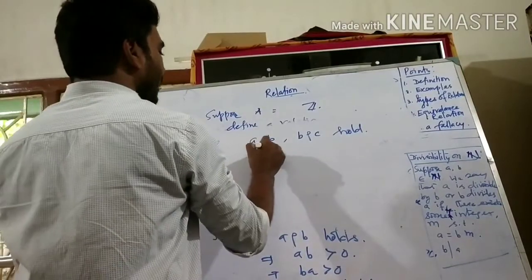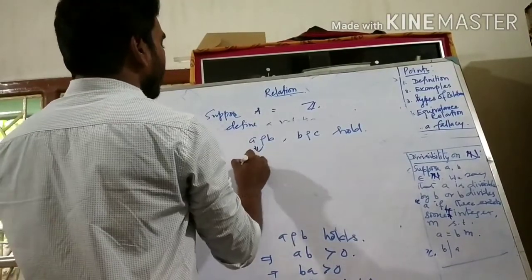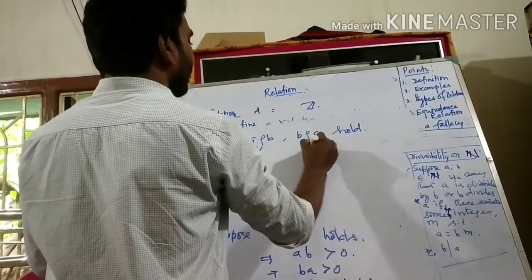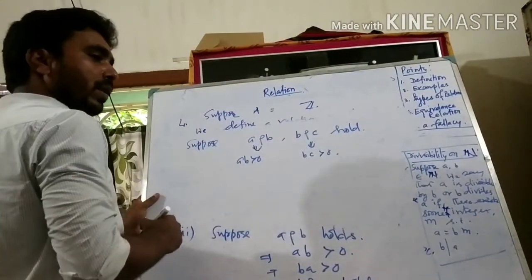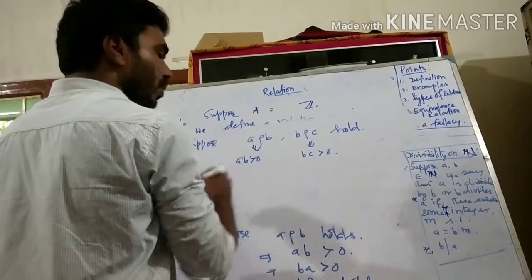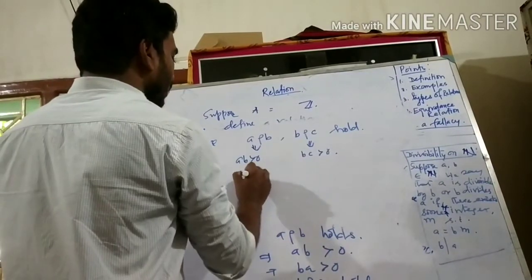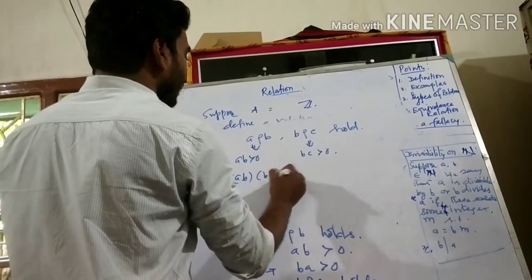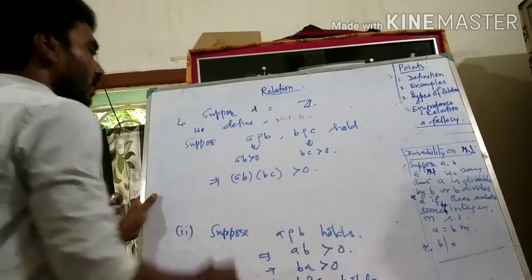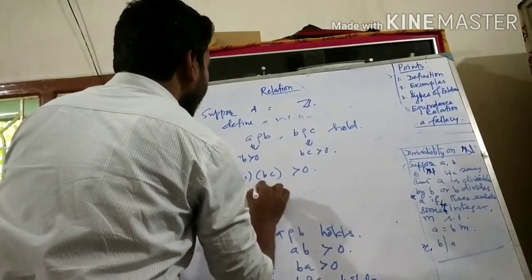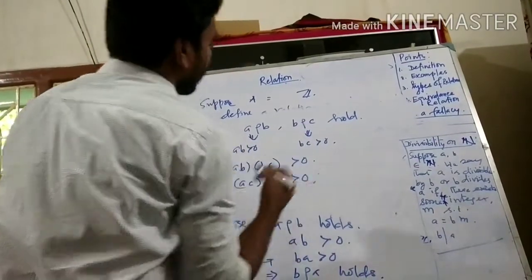So from here, we can say AB is greater than 0. From here, BC is greater than 0. Now take the product. AB into BC is greater than 0. Now AC into B square is greater than 0.